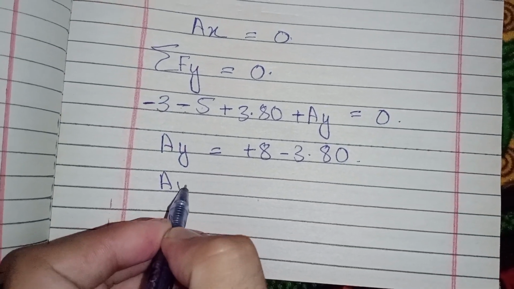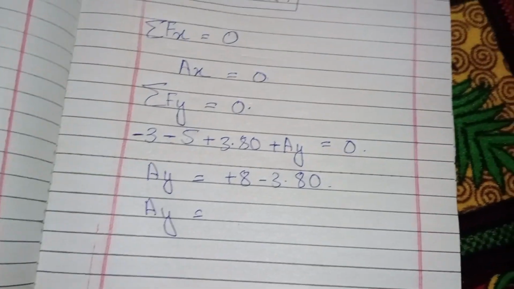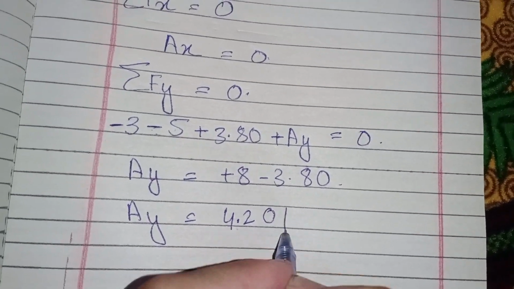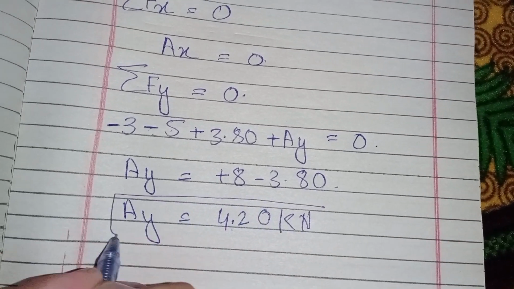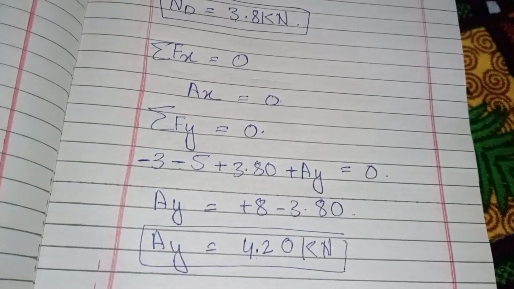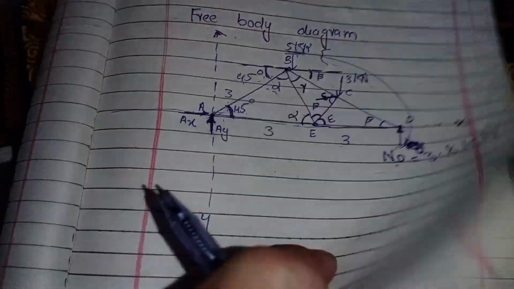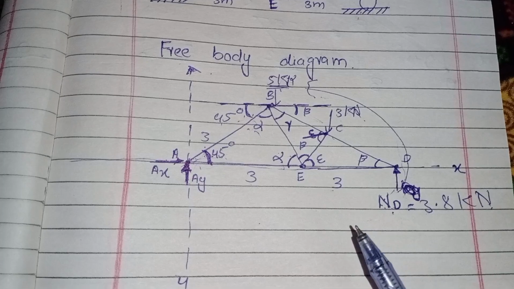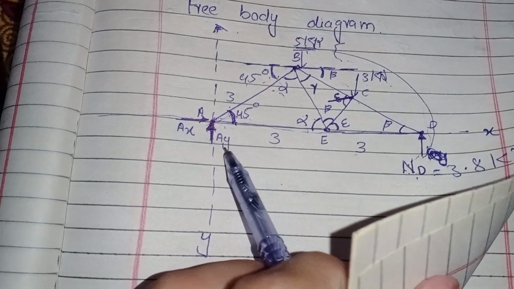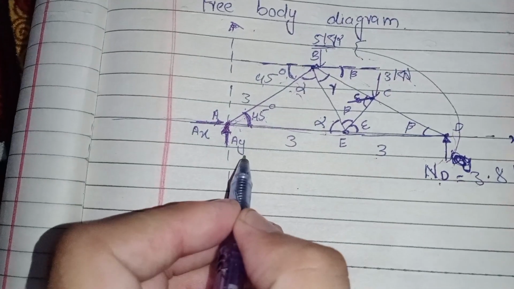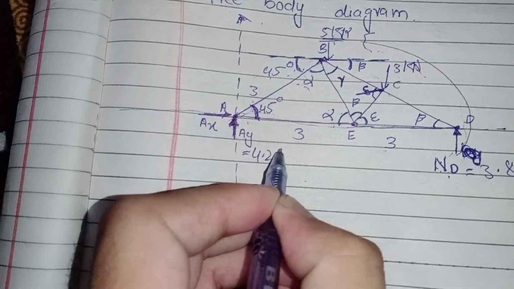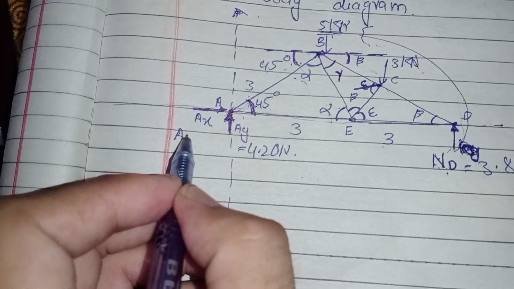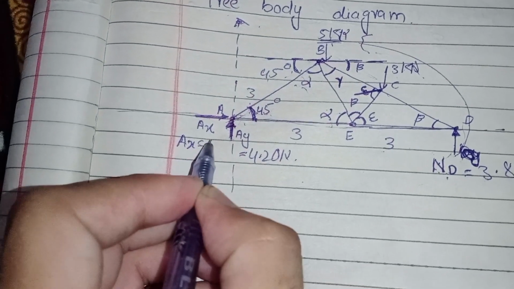So Ay will equal 4.20 kilonewton. I found all the forces in the horizontal and vertical axes, and also found the moment. So Ay is equal to 4.20 kilonewton, and Ax equal to 0, there is no reaction force at point A.